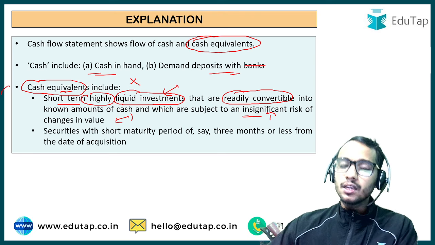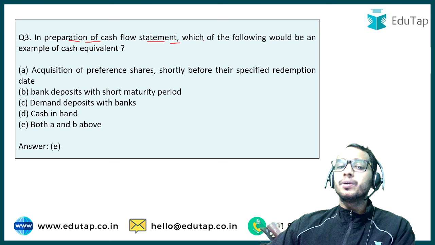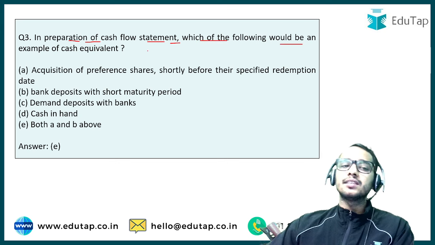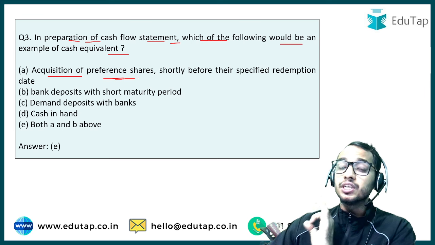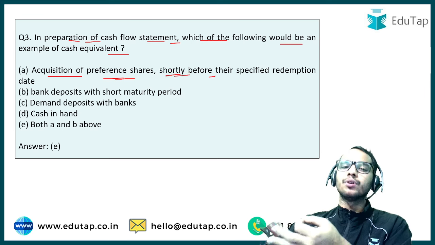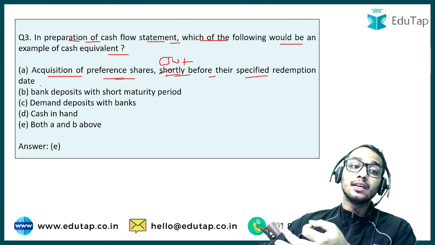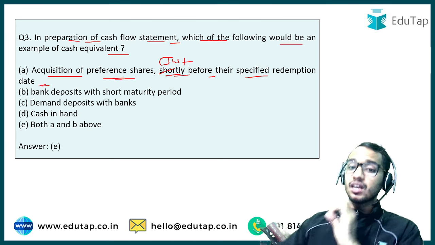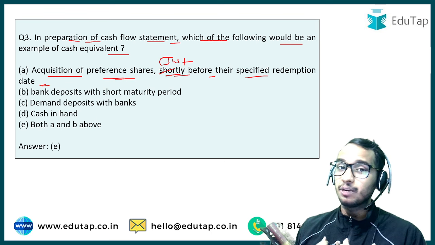So let's look at the question again. It says, in preparation of cash flow statement, which of the following would be an example of cash equivalent? A option says acquisition of preference shares shortly before their specified redemption date. So in case of preference share, just before the specified redemption date, when you have acquired that, that means they are highly liquid.